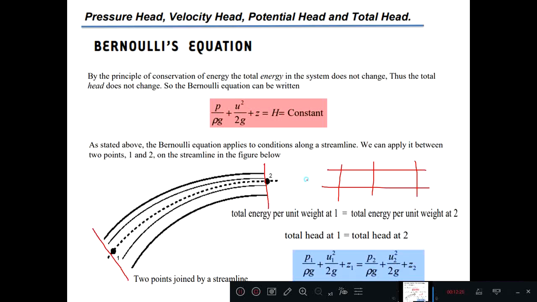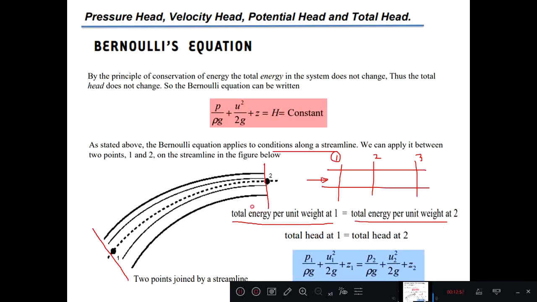So the total energy at various sections remains constant according to Bernoulli. The fluid energy passing through section 1 is the same at 2, the same at 3, like this it goes: total energy per unit weight at section 1 equals that at section 2 equals that at section 3.